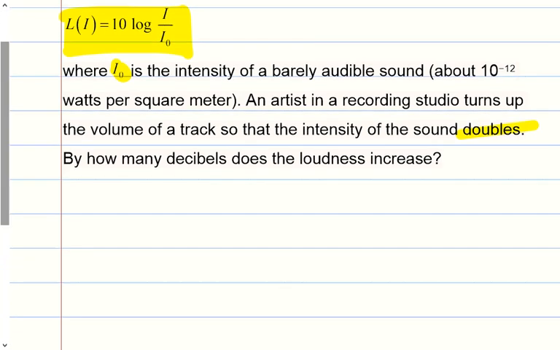Okay, guys, this right here, you're not looking at anything except properties. That's all you're basing this off of is properties. So if the sound intensity doubles, it's now instead of L of I, it's going to be L of 2I.